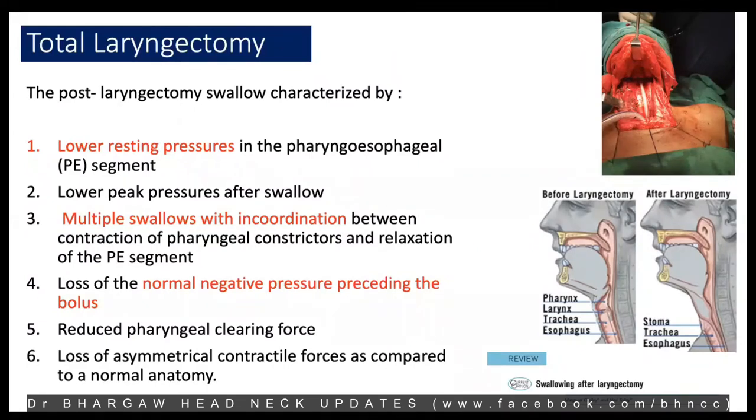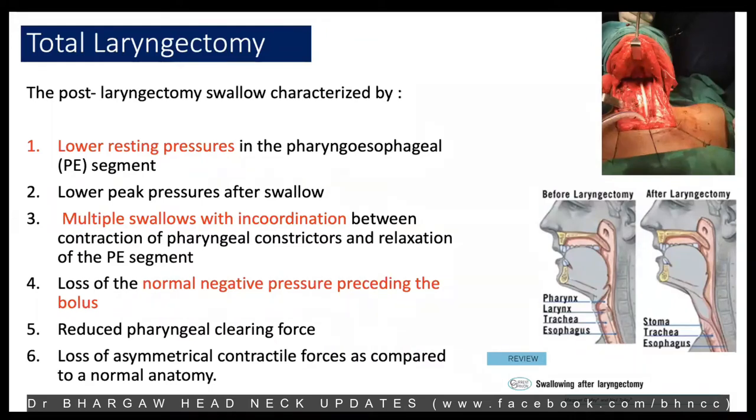Now, patients who have undergone total laryngectomy, you might think they would not have any problem swallowing, but they also have a lot of swallowing problems, mainly because of three reasons which I have seen. One is that when the surgeon takes out the larynx and then resutures the constrictors back, these constrictors are not in line with each other.